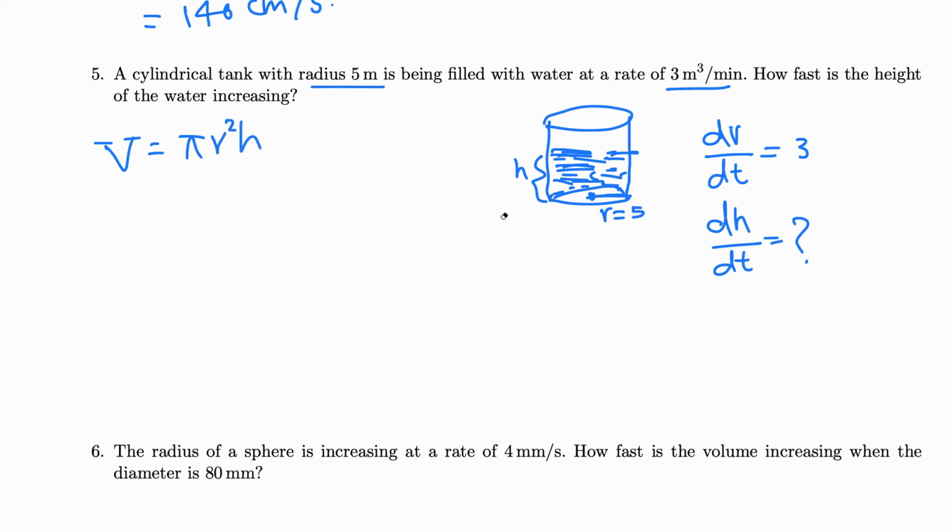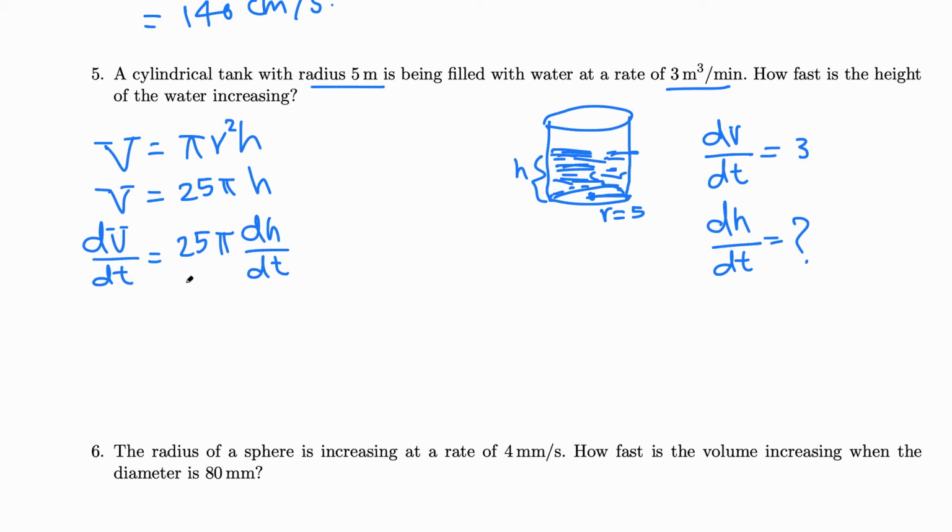So the base is circle and area is pi r squared and height is H. So the volume of a cylinder is pi r squared H. Okay, but r is given 5, so we want to write that. So this V is in fact 5 squared, 25 pi H. Now we take derivatives of both sides with respect to time t. That gives us dV over dt equals 25 pi dH over dt.